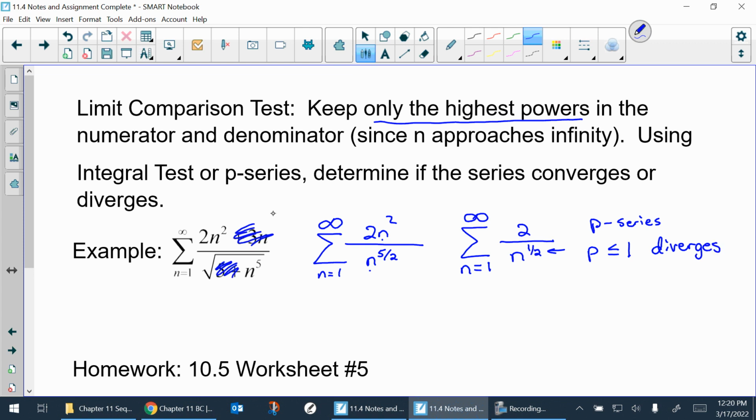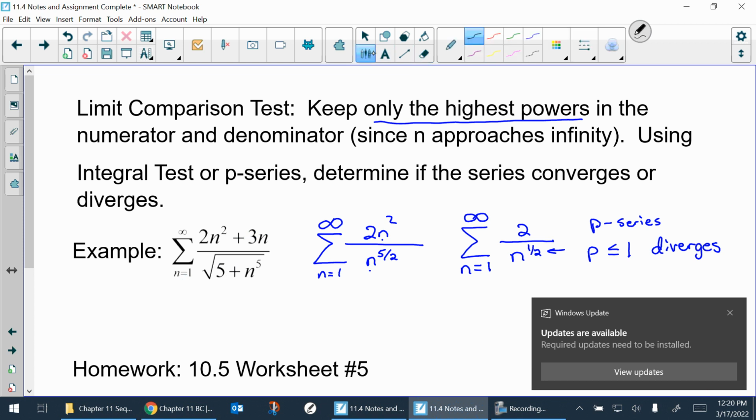So something like this, let me get my eraser here. Something like this is going to turn into a p-series. And I've just got to check out, what is my exponent going to be down on the bottom when I simplify this? And if it is greater than 1, I know that this is going to be convergent. And if it's less than or equal to 1, I know that it's going to be divergent.